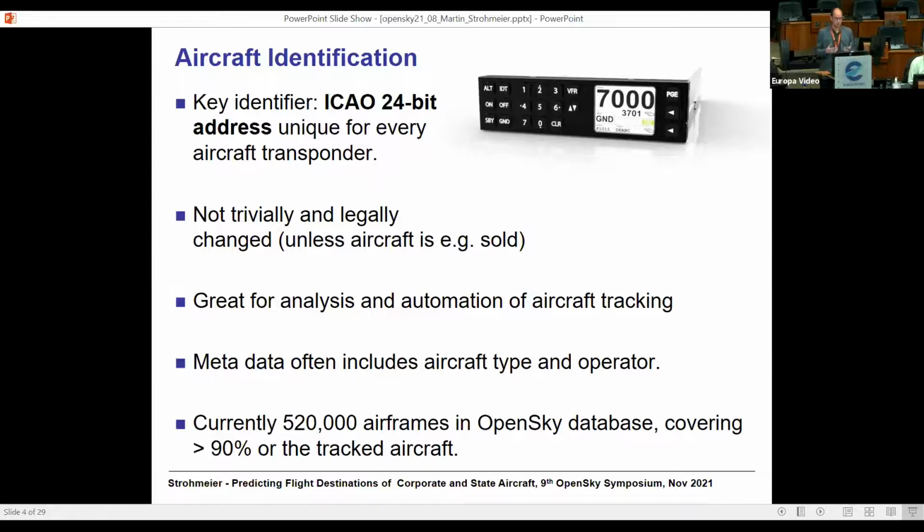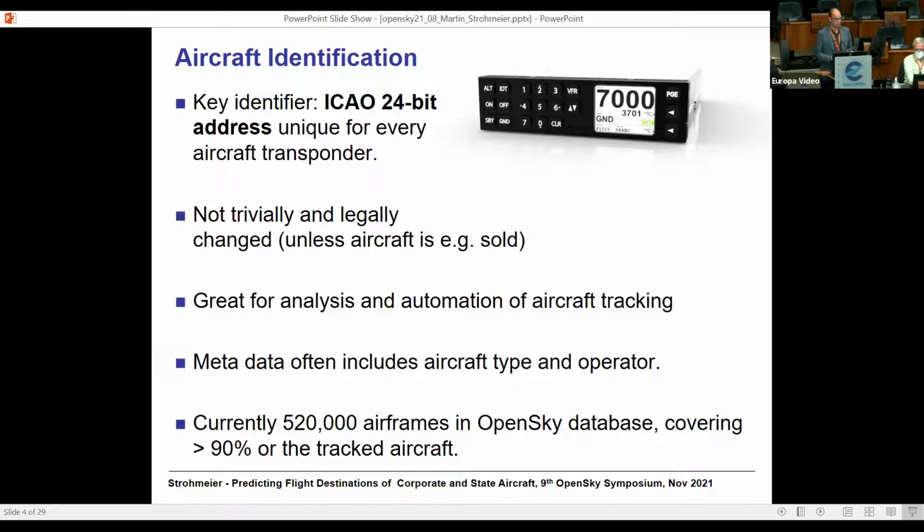How do we go about tracking an aircraft continuously? Well, the key identifier here has always been the 24-bit address assigned and typically unique for every aircraft transponder.